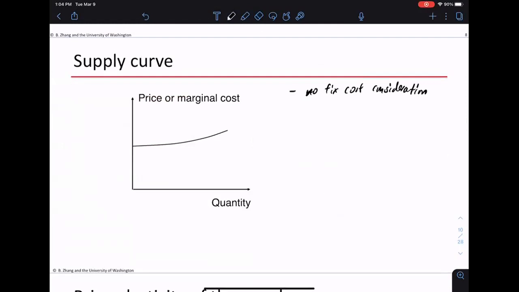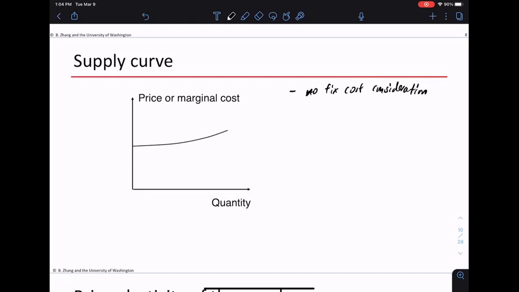There may be an economy of scale associated with this. It's easier to build a huge factory than build 10 little small factories. That is a fixed cost. This kind of supply curve doesn't take that into account. It assumes the fixed costs already happened.